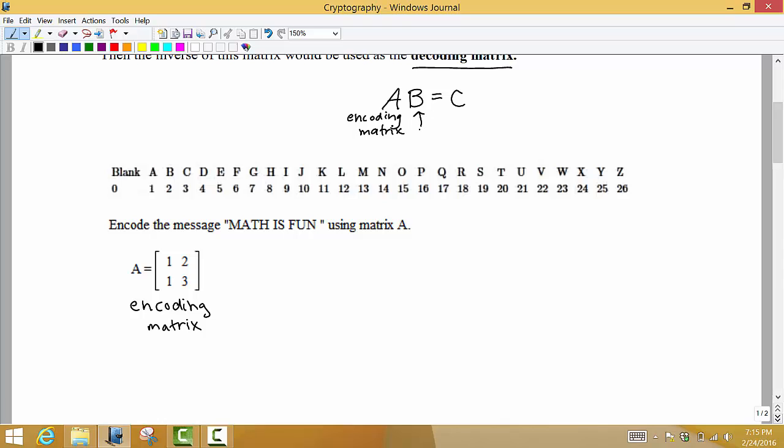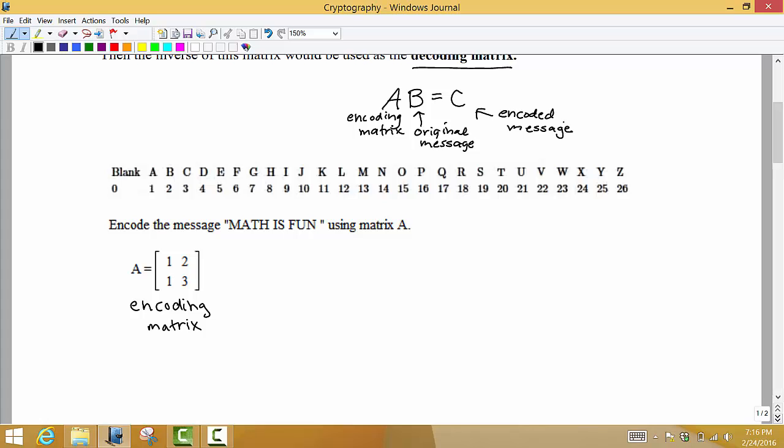The matrix B will include our original message. So we're going to multiply the original message matrix by the encoding matrix, and we multiply on the left. So the encoding matrix will be on the left, our original message will be on the right. C will be the encoded message. So we're going to get a matrix that has the encoded message.